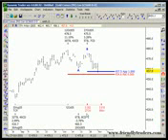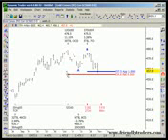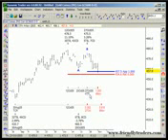The 38.2% to 61.8% time retracement zone of the August 30th to October 12th rally. Now I'm going to put in the 100% alternate time projection of wave A, projected from the top of, or the beginning of wave B, which is the typical wave C time target.